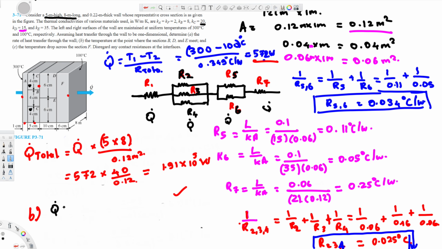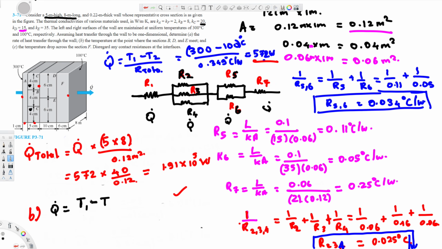So here we are going to have Q dot is equal to T1 minus T, right? T1 minus T, initial minus final. If we put it the other way around, we have to put a negative sign in front. So initial minus final, we don't have to put a negative sign in front.